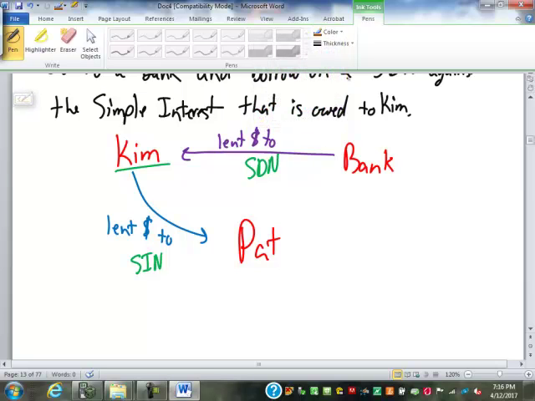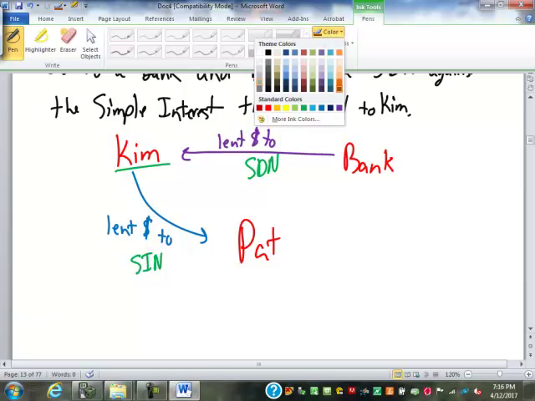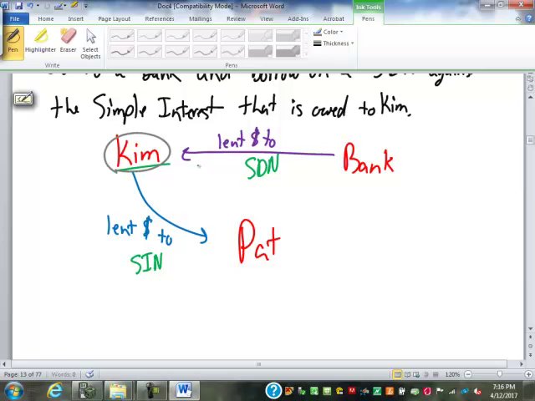Looking at this diagram, does the bank have any contracts with Pat? No. The bank has this agreement with Kim that the bank can collect the money from Pat. But the bank has no contract with Pat. Pat has no obligation to pay anything to the bank. So guess what happens if Pat doesn't pay?